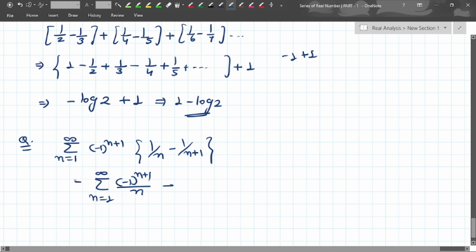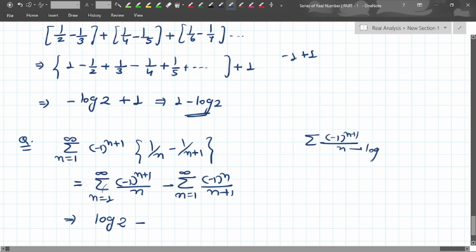And this is the summation n equals 1 to infinity of minus 1 power n upon n plus 1. If there is no factorial, then don't think about any exponential, it will be only logarithm. So it is nothing but log of 2. Why log of 2? The summation of minus 1 power n plus 1 upon n is nothing but log of 2.